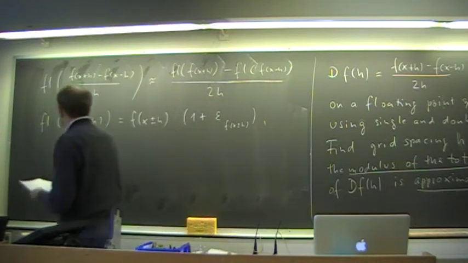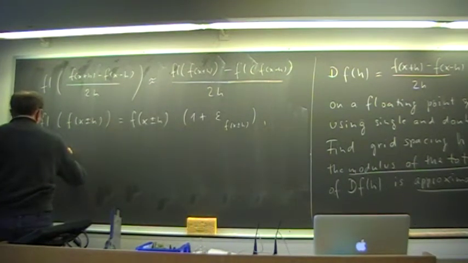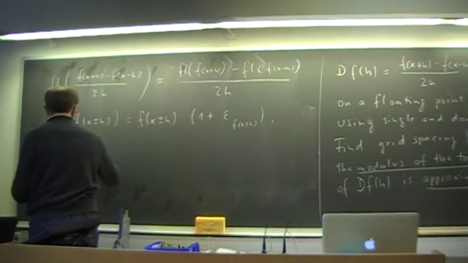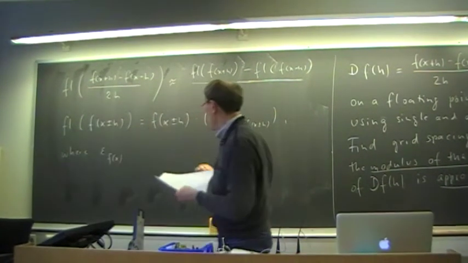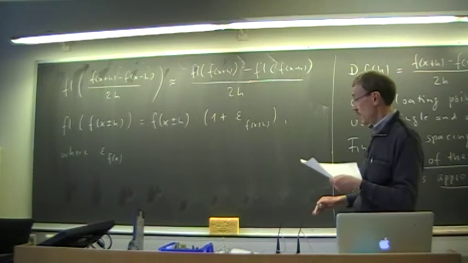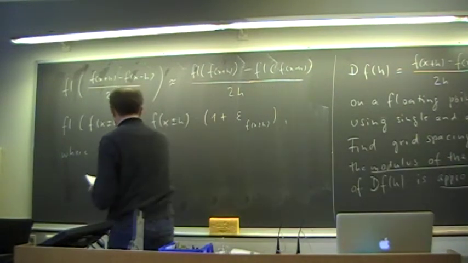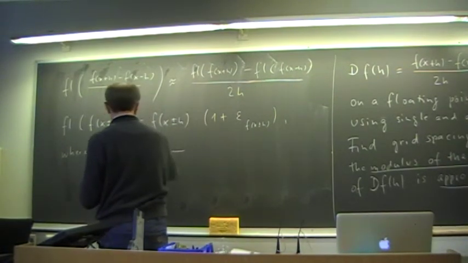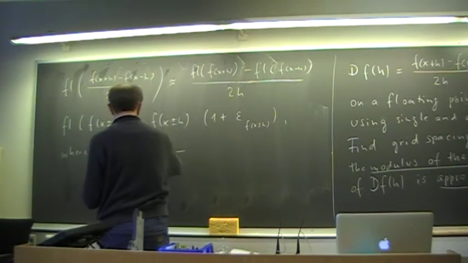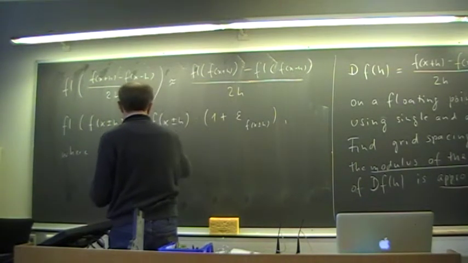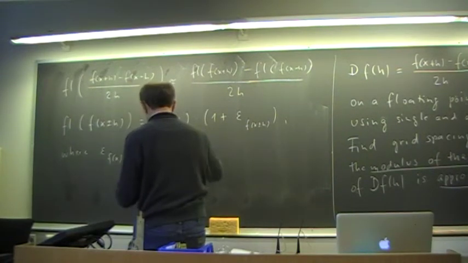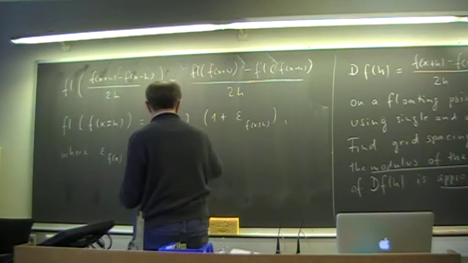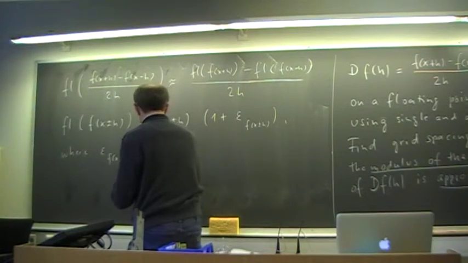And this relative error, we can write the following way. I write it now just for f of x because it's similar for f of x plus and minus h. So the definition of that is that it is the floating point of f of x minus the correct f of x divided by the correct f of x.